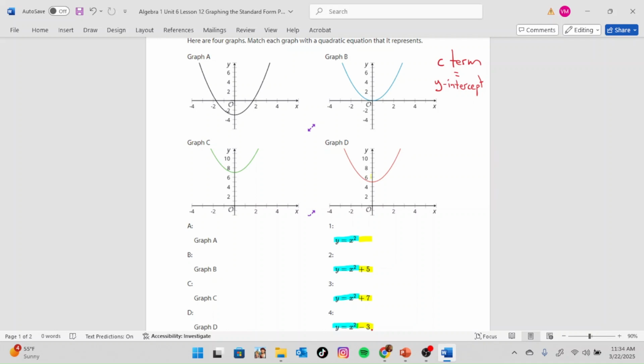Those are their y-intercepts. So if I want to match these, then I can see on graph A, my y-intercept is down here at negative 3, 0. So graph A must match up with equation 4.